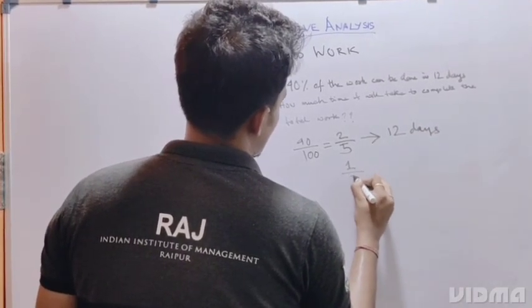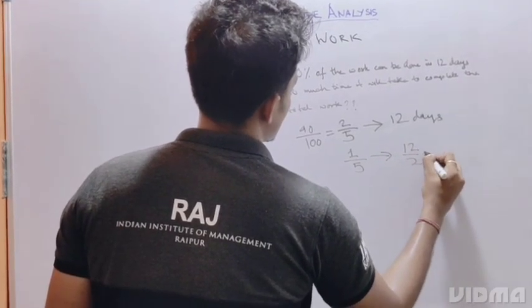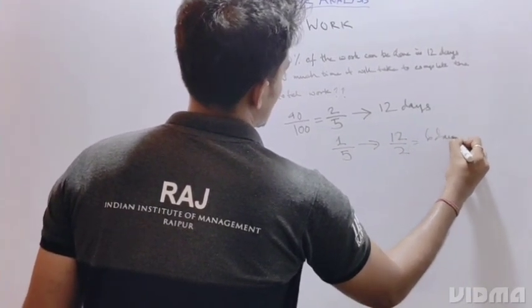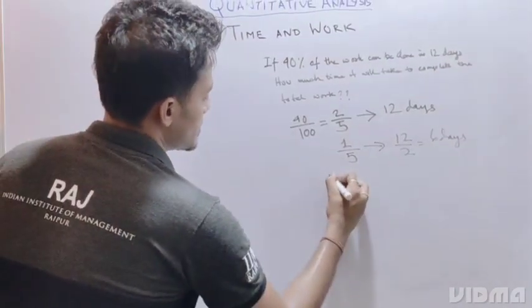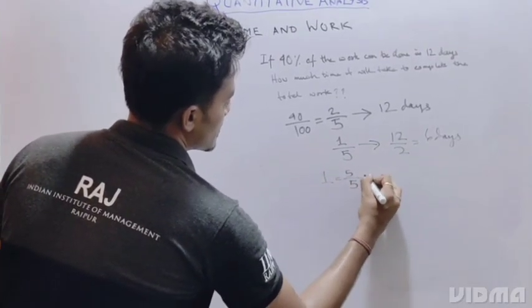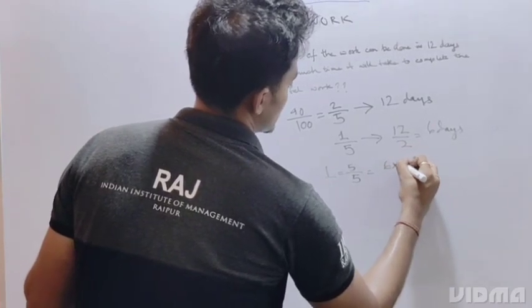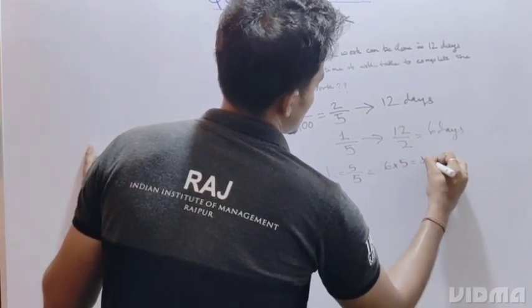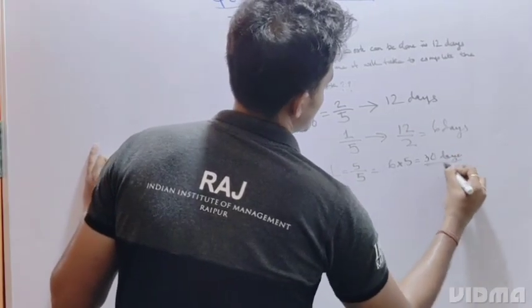Therefore 1/5 of the work will be done in 12 by 2 days, that is 6 days. And the total work, 1, can be written as 5 by 5. Therefore, the total work is done in 6 into 5, that is equal to 30 days. Simple, this is the answer.